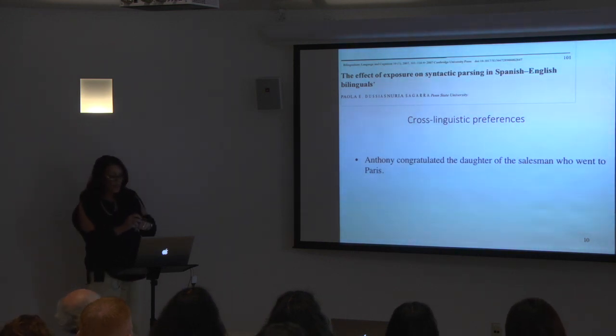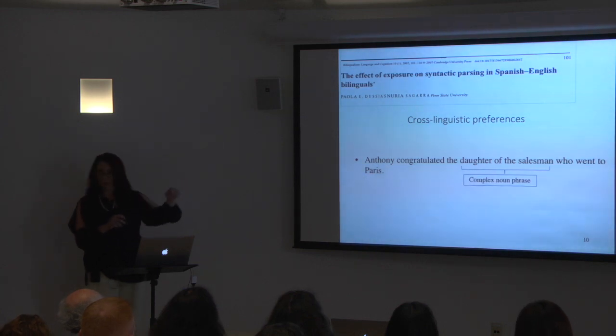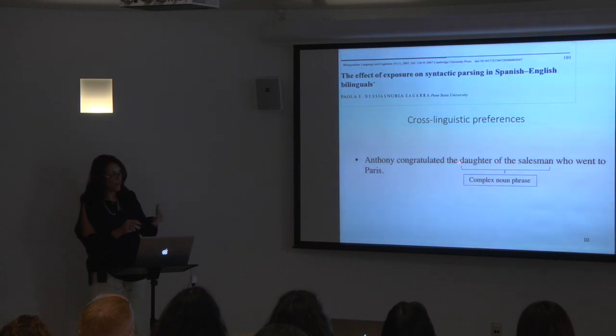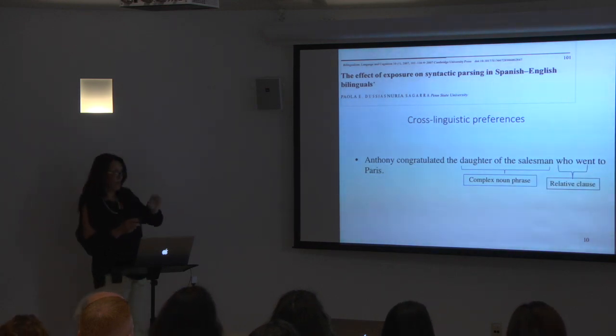So the sentence is composed of two nouns, which we're going to call a complex noun phrase. So you have the noun daughter and another noun, salesman. And then you have what linguists call a relative clause, that pair of words there.